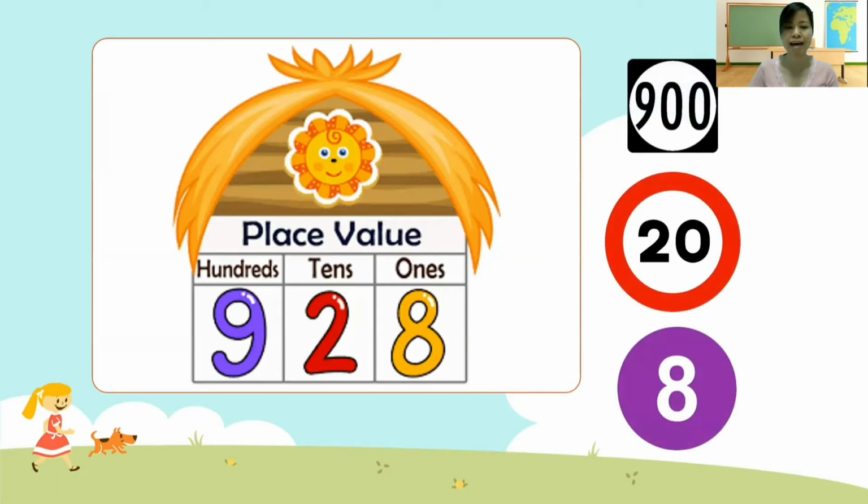For example, we have here 9, 2, 8, 928. Each digit has its place. 8 is in the ones, 2 is in the tens, 9 is in the hundreds. Each number has its value.